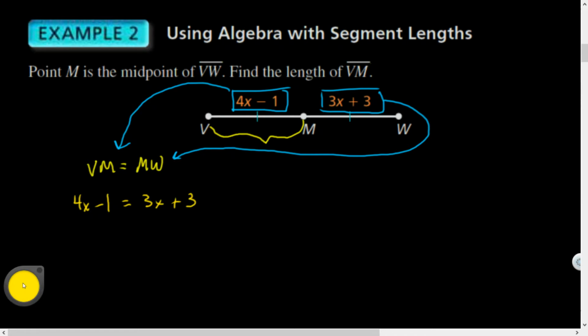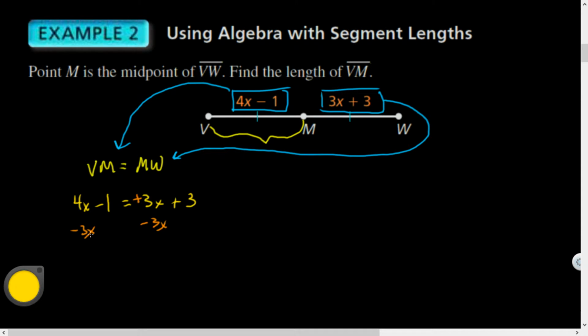And now in order to solve, maybe it's been a while, I've got variables on both sides of the equal sign. I like to move the little guy to the big guy when it comes to my variables. All right, so I've got 4x and 3x. Who's the little guy? 3x, right? So to move a positive 3x, I'm going to subtract 3x from both sides.